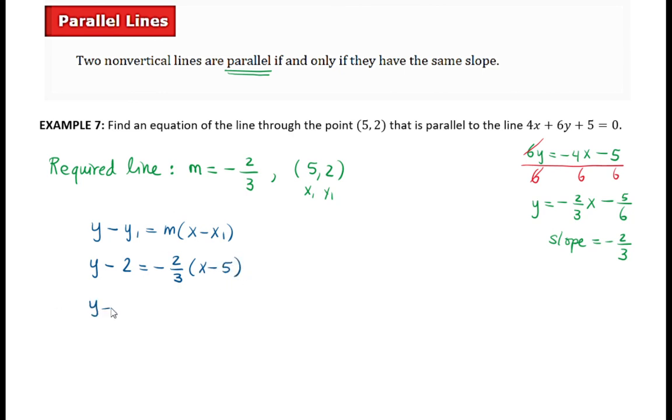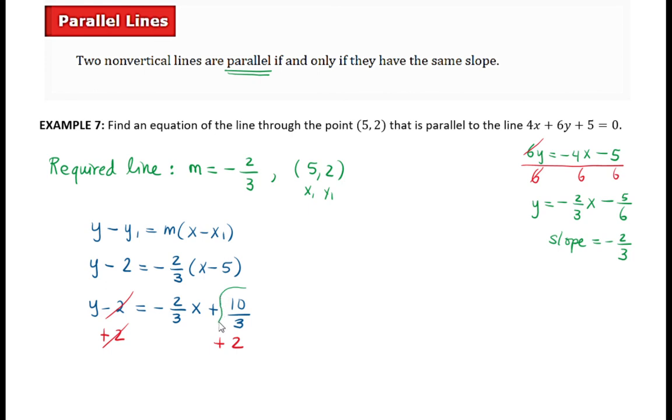That's going to be y minus 2 equals -2/3 times x plus, I distribute that one over here, 10/3. Then I need to add a 2 to both sides. As I said, you can use a calculator to do this calculation here.